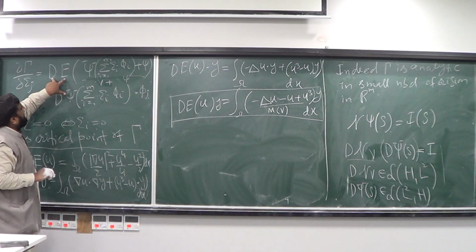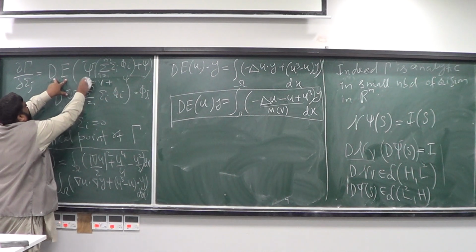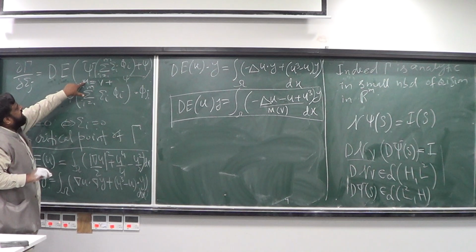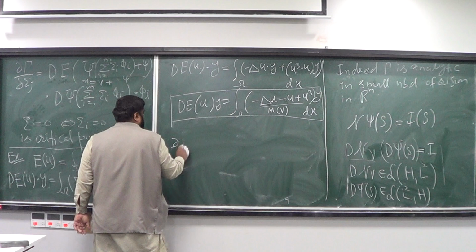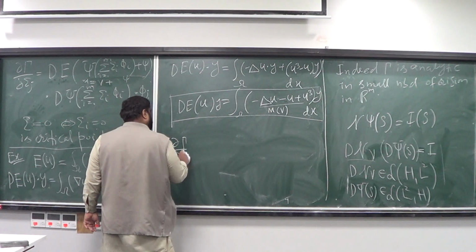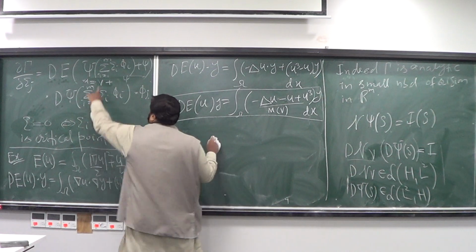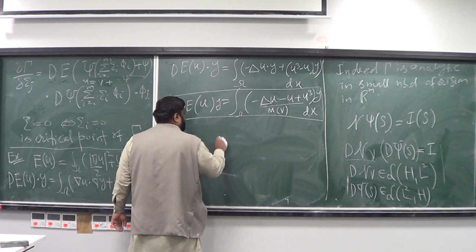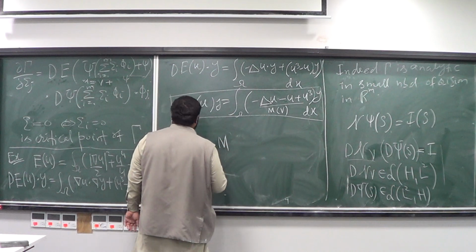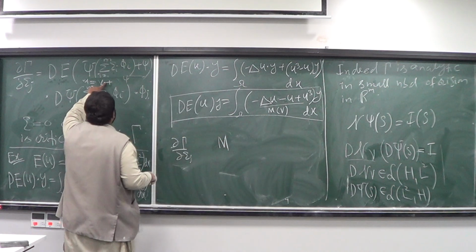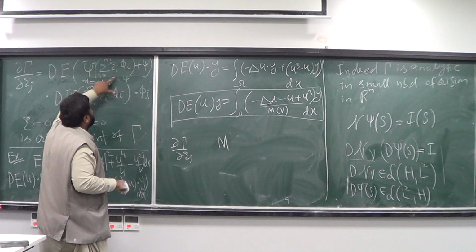this is like calculating the Fréchet derivative of E at u. What would be the outcome of it? Let me write partial by partial gamma xi j. This first expression is going to be m operated onto v, where the role of v is played by this expression.